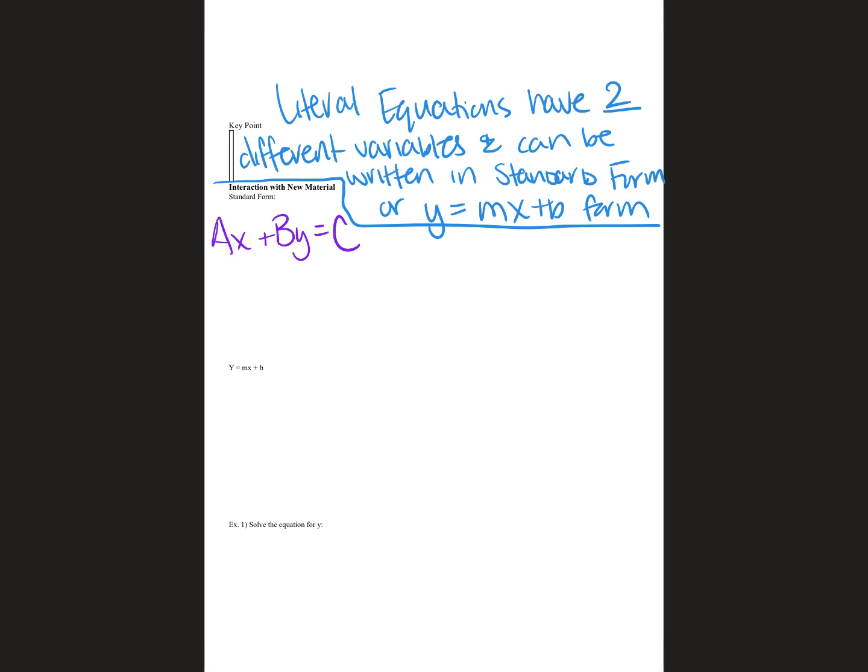Okay? Now, in an equation, you would have numbers in the place of a, b, and c. So an example could be x minus 2y equals 4, or 3x plus 5y equals 0. Both of these equations are written in standard form.